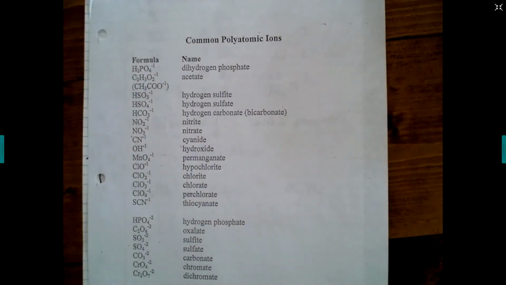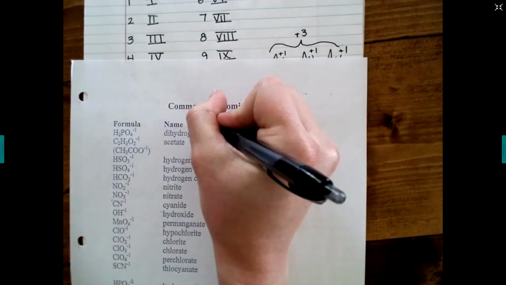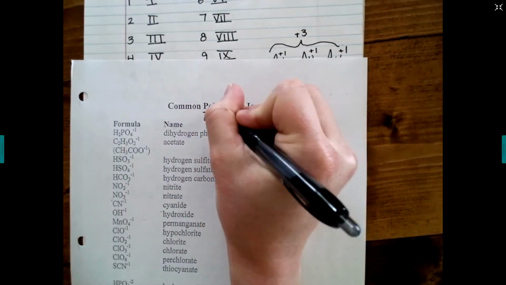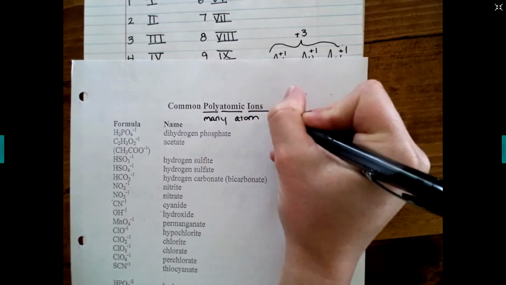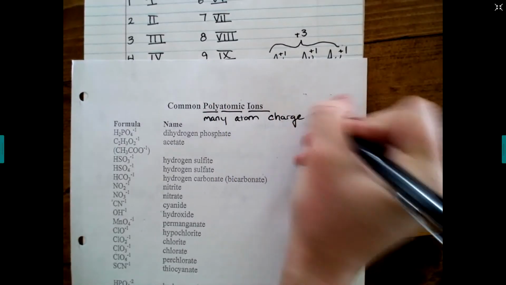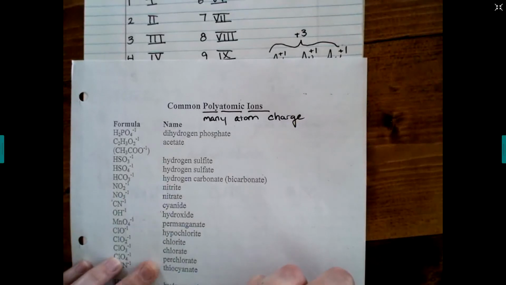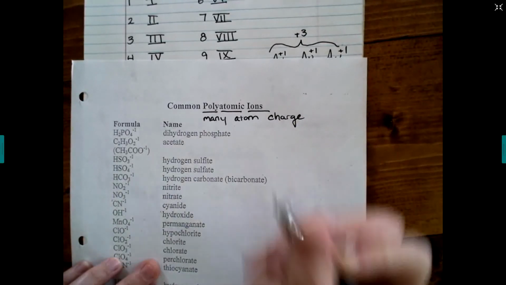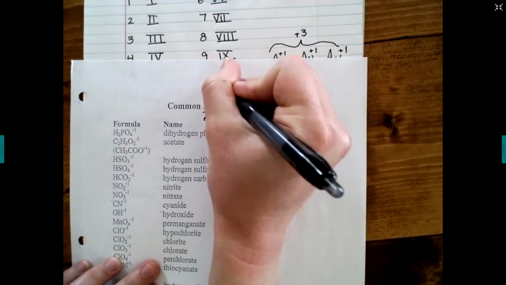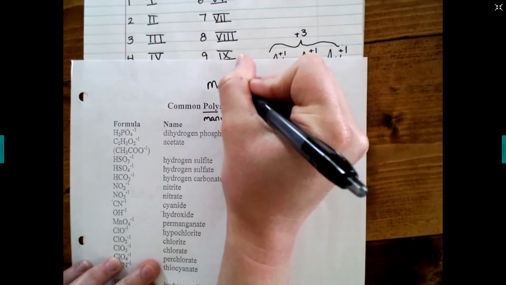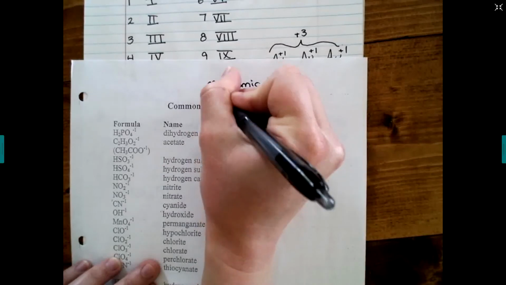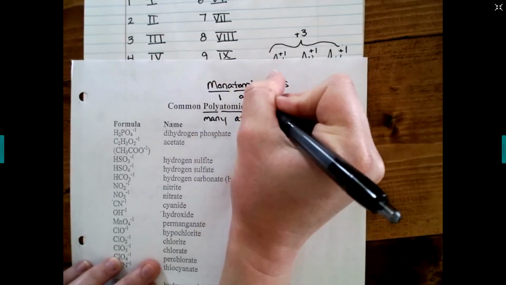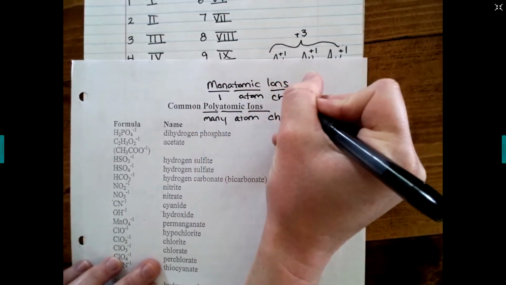So something you need to know about polyatomic ions: the word poly means many, atomic means atom, and ion just means that it has a charge. Now, how is this different from what we've seen up until this point? So far, we have only looked at monatomic ions. So that's 1 atom with a charge.